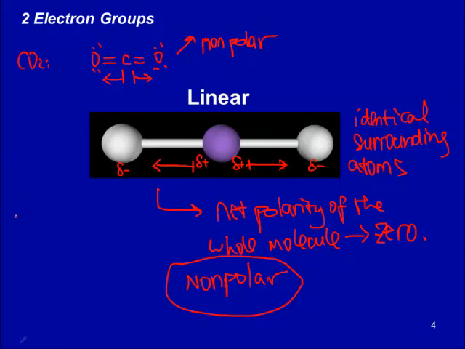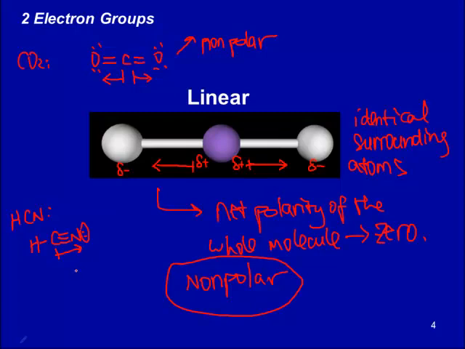However, if you're looking at the molecule hydrogen cyanide, going through the same steps, you will have a molecular geometry like this. It's a linear molecule. However, when you look at the polarity arrow, carbon has a lower electronegativity than nitrogen, so it's slightly positive.